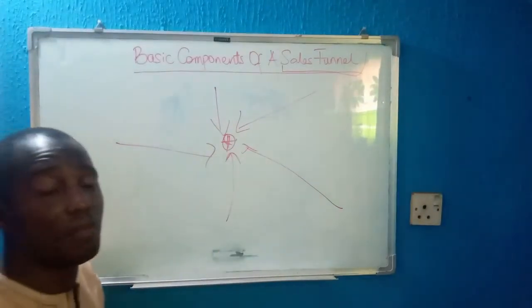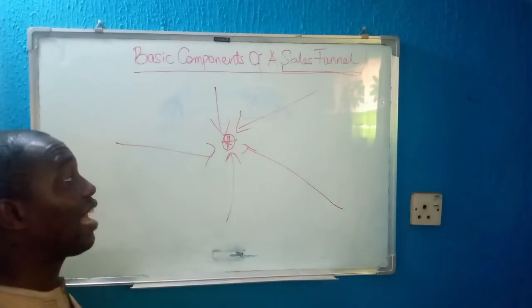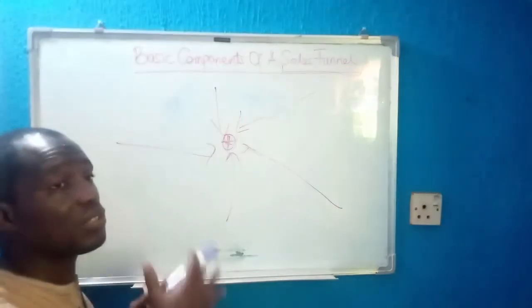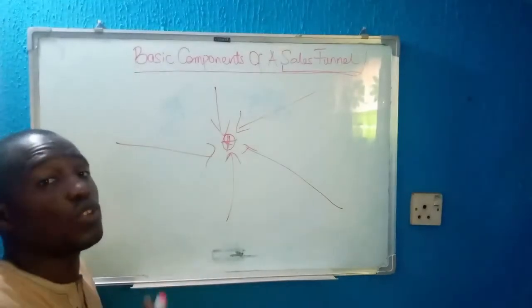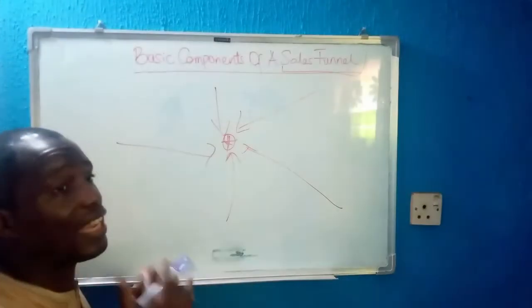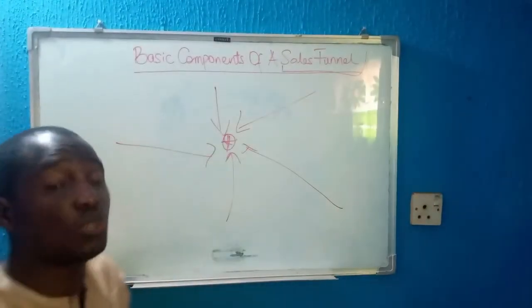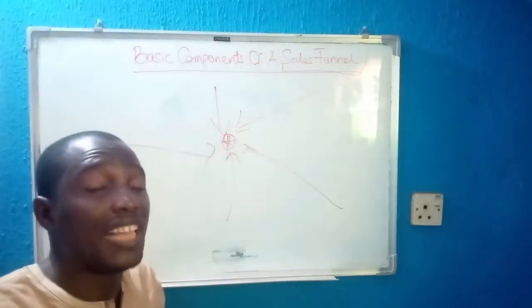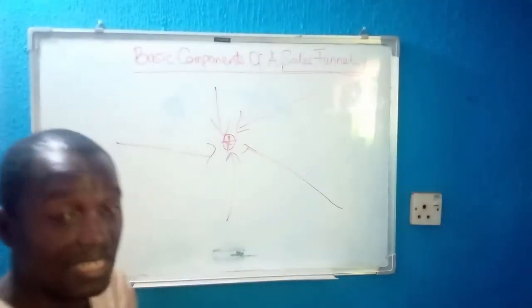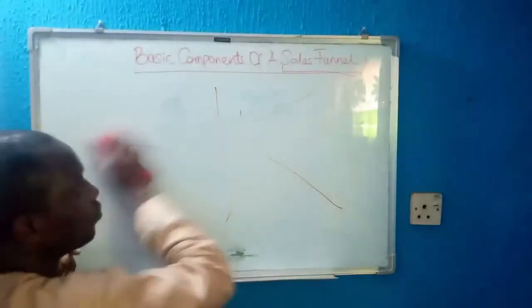There are various angles through which I can access that same location. So, like I said, a sales funnel is what you decide to make it, but it also depends on understanding your target market, your audience, and ensuring that you understand them and can provide what they need, the transformation that they seek.